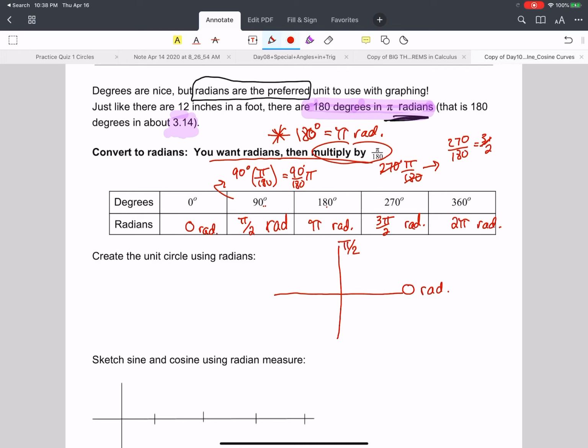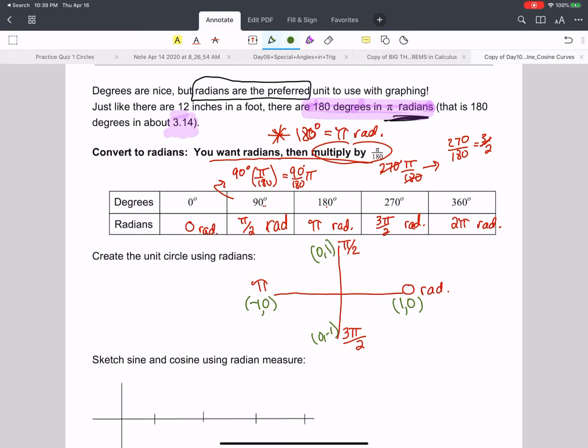This one's going to be pi, and this here is going to be 3 pi over 2. That's all it is. And so when you do the coordinates, remember, just don't mess it up. So write -1, 0, put a comma between them, and then to the right, you write 1, 0. And this is 0, 1.